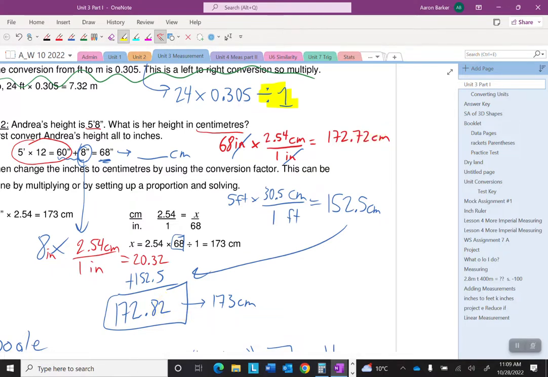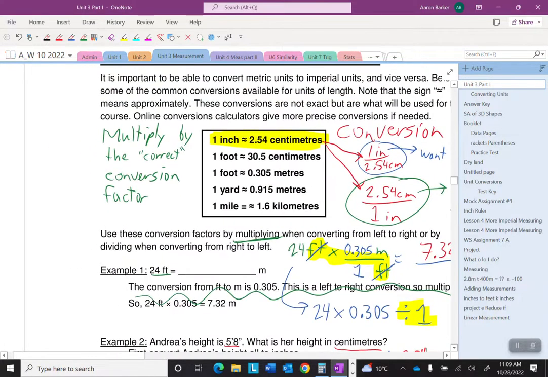Who can tell me why you would get two different mathematical answers? Any guesses? I'll tell you. We just talked about it. What does this symbol mean?